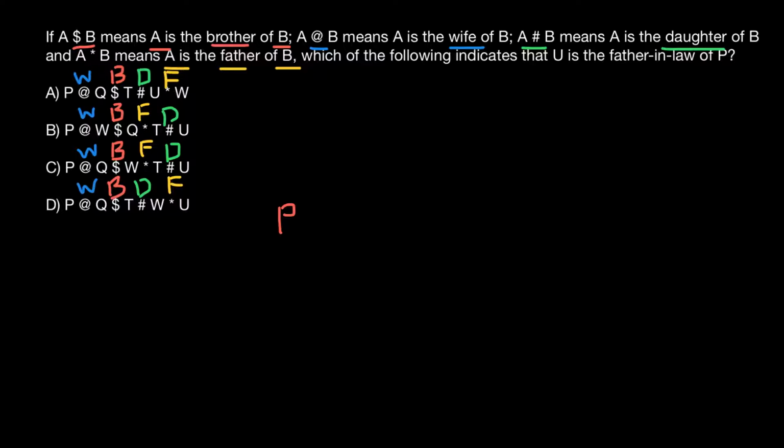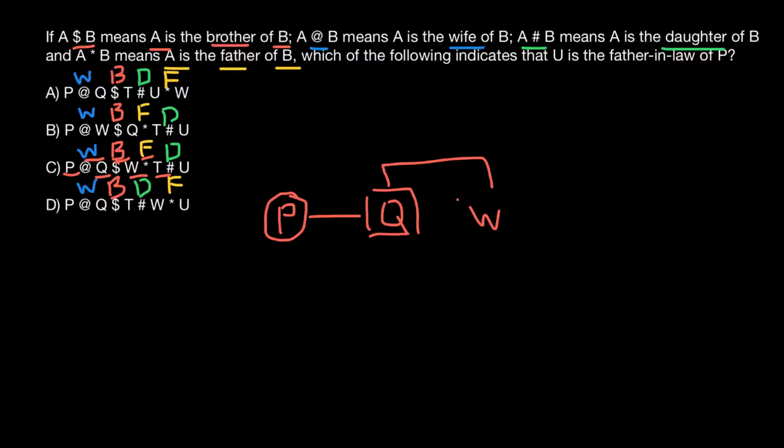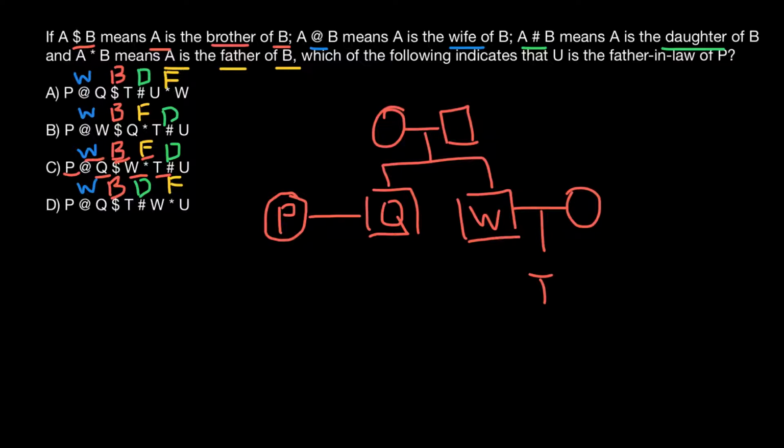Again, P is a wife of Q, so Q has to be male, and Q is a brother of W, and W is a father of T. We can also add parents on top, which are not mentioned, but we know that if we have two brothers, they should have parents.